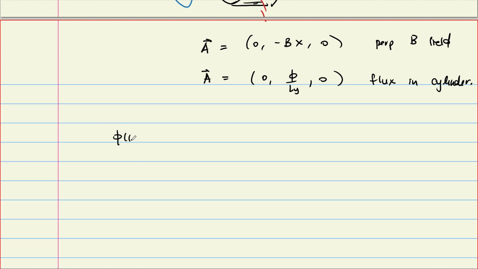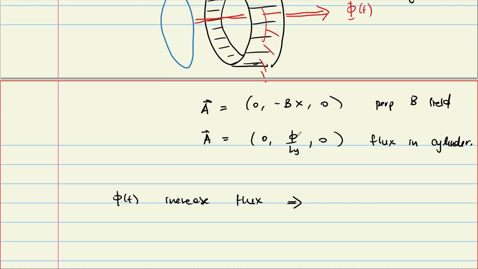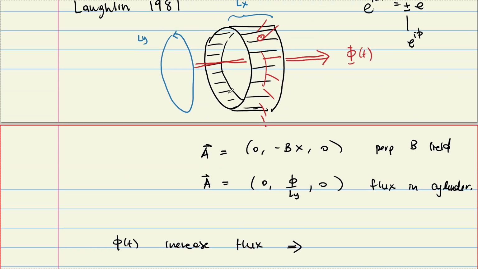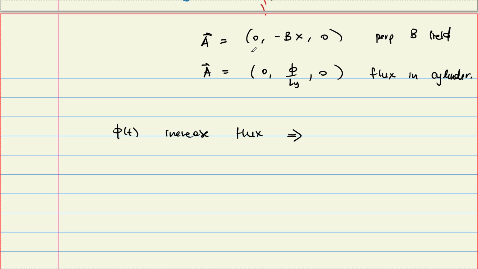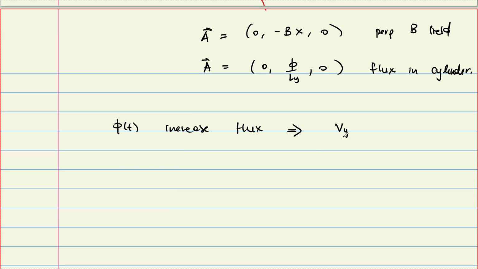So phi of t increases flux. That means there is going to be an electromotive force around the ring. And that one is going to be Vy equal to minus 1 over c del phi del t.